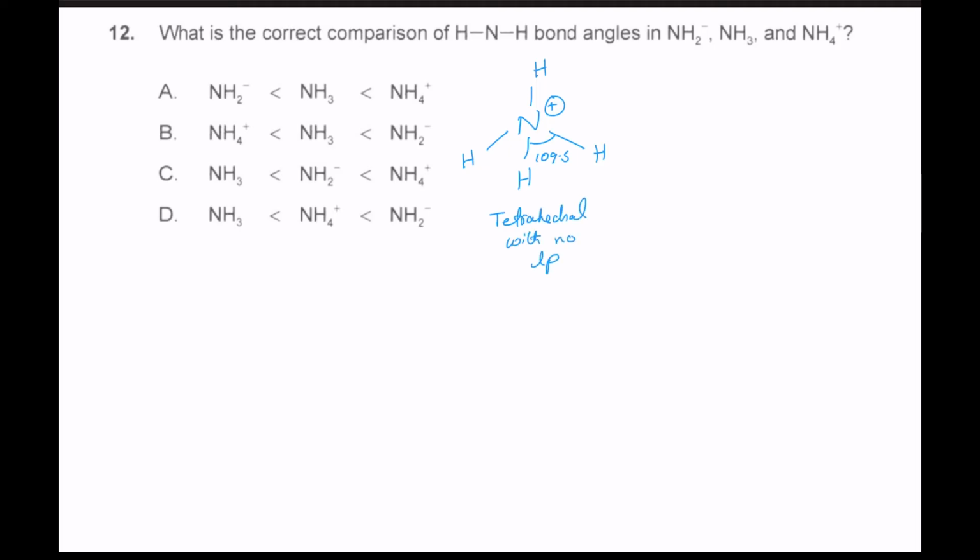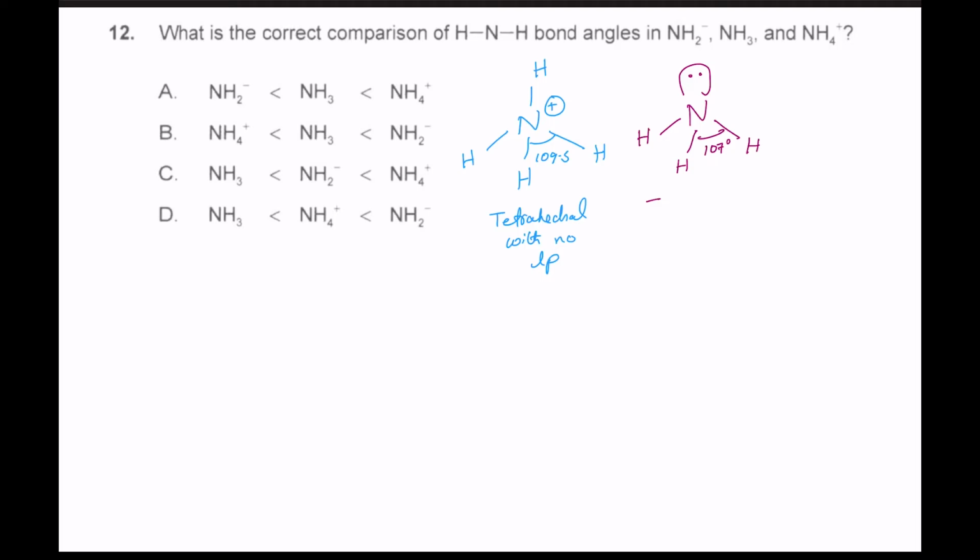Now if I look into NH3, NH3 has one lone pair on top of it. Because of the lone pair and bond pair repulsions, the bond angles will shrink a little. So here the bond angle will be approximately 107 degrees. The molecular shape is pyramidal, but it has one lone pair, so your bond angle has decreased a bit.